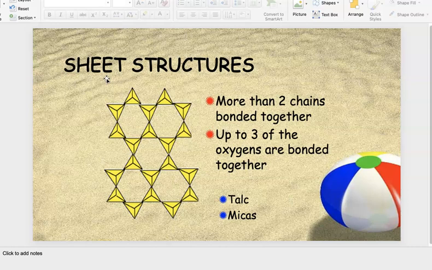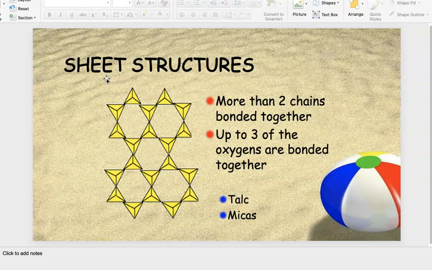And those are like a deck of cards, okay? Except the sheets are glued together a little bit more. With the micas, it's kind of like the olivine. It holds together. You can throw it at someone and it wouldn't fall apart. But if you pick at it, it will start to flake apart rather easily.